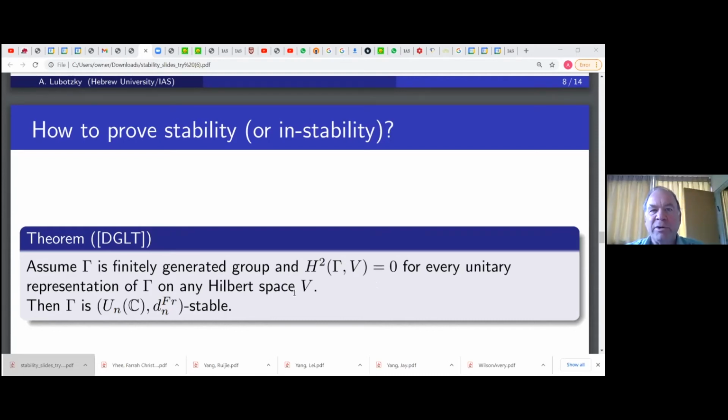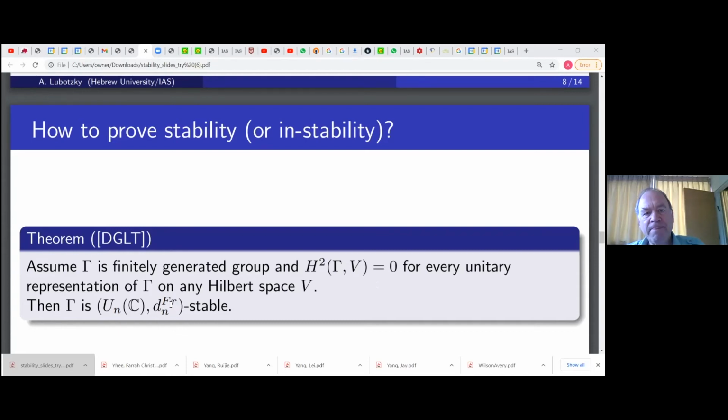We were talking about a down-to-earth problem, and suddenly, I will come to that later. I will say something. Then gamma is stable with respect to the Frobenius norm.